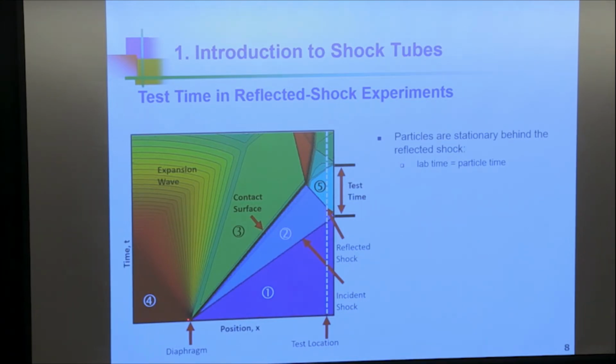When the diaphragm breaks, the expansion fan moves to the left at the speed of sound. And this is a fan, so the gas is accelerated and comes out along this direction. And so that boundary is called the contact surface. When the shock wave reflects, it goes back at the reflected shock speed, and then it hits this interface.